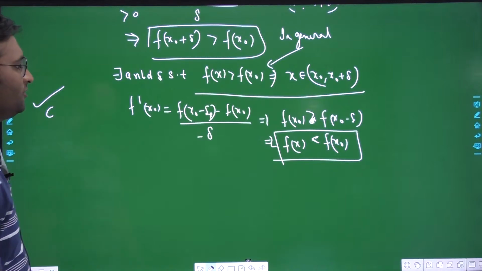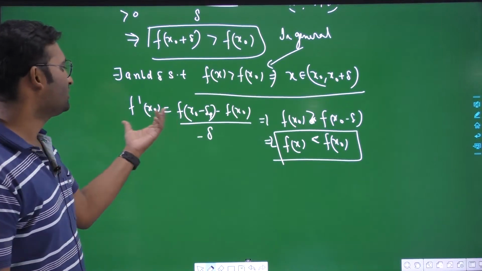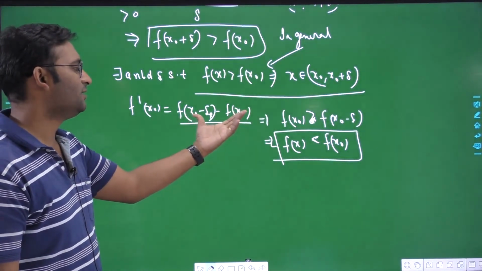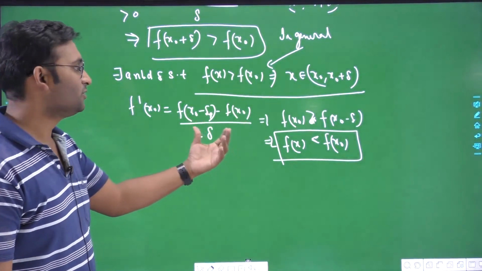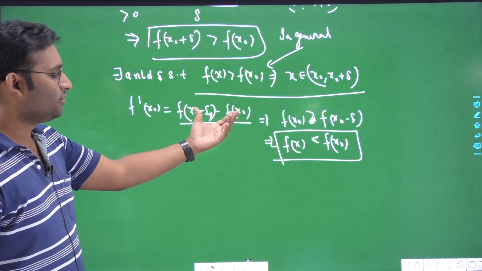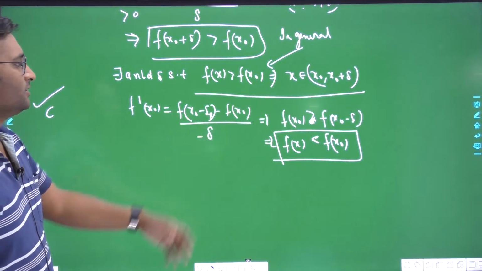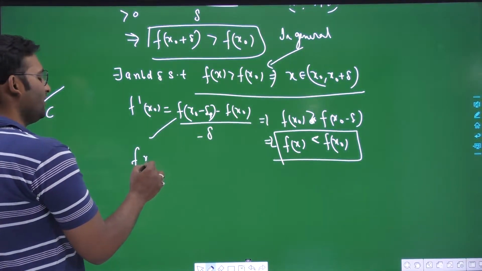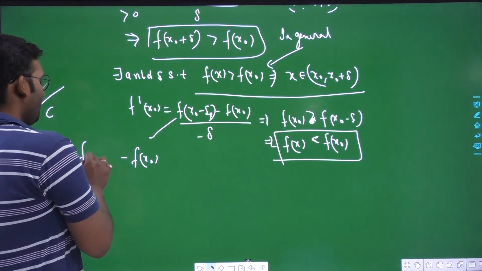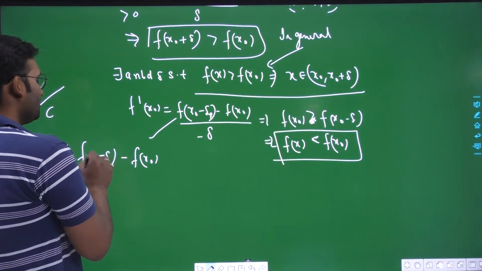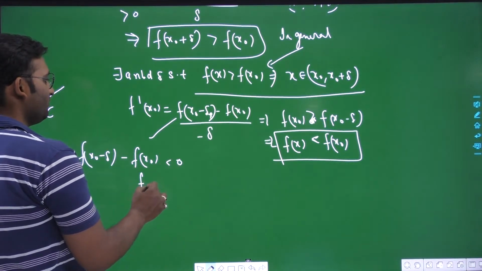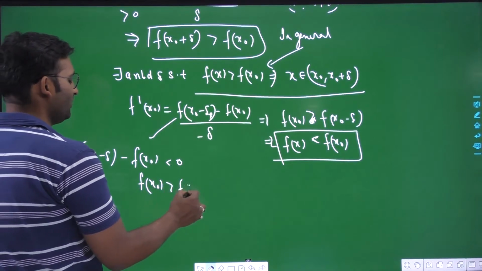So option number C must be true by the definition of the differentiability itself. By the definition of the differentiability, f dash x naught is greater than 0, it implies f of x naught minus del minus f of x naught will be less than 0, which implies f of x naught minus del must be less than f of x naught, which implies f of x naught must be greater than f of x naught minus del.